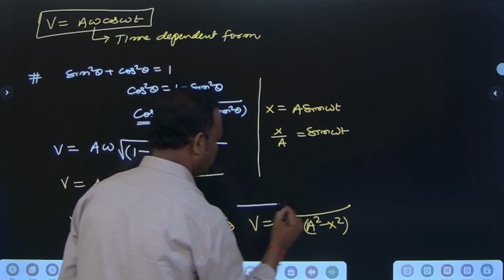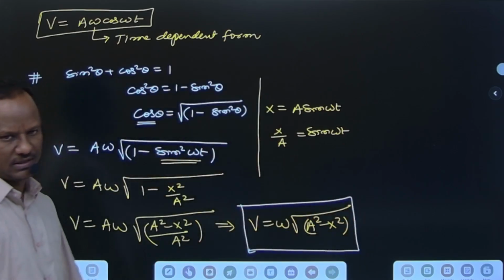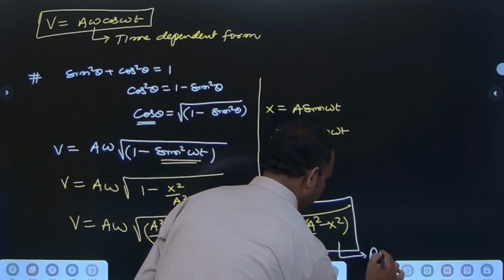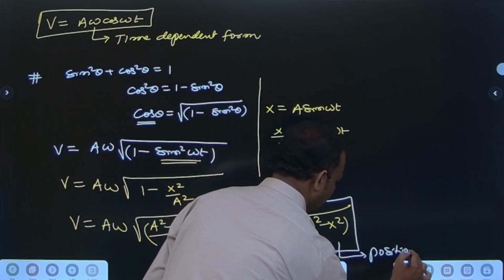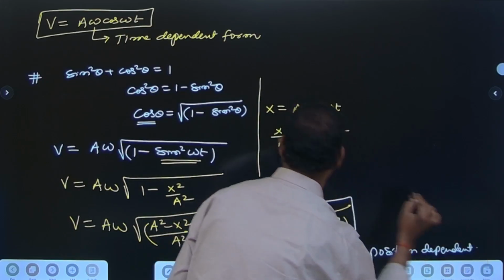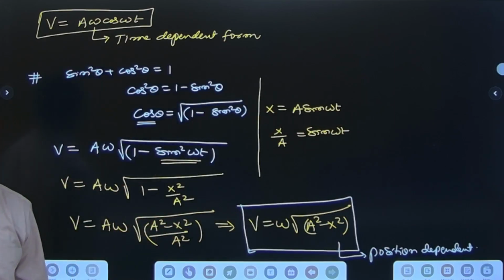This is the position dependent form of velocity. So the first one we got is time dependent, and the next one is position dependent.